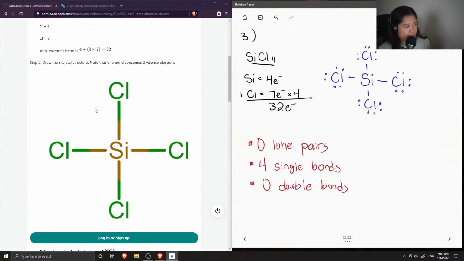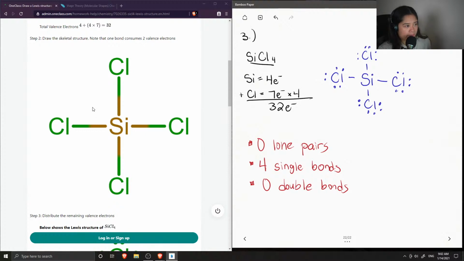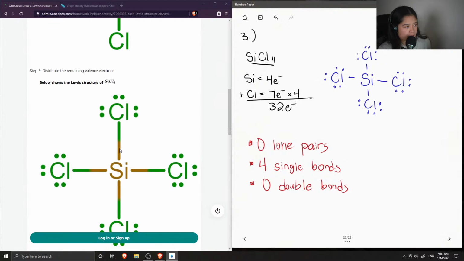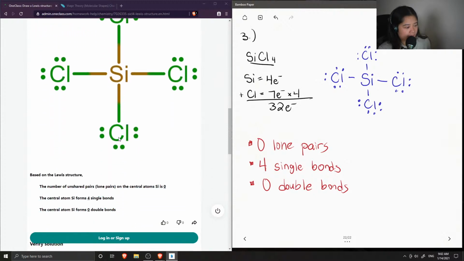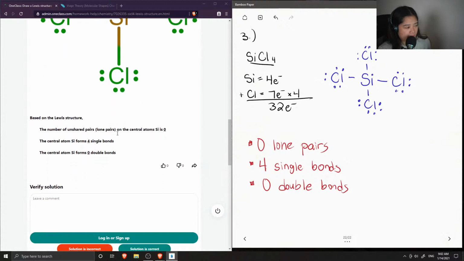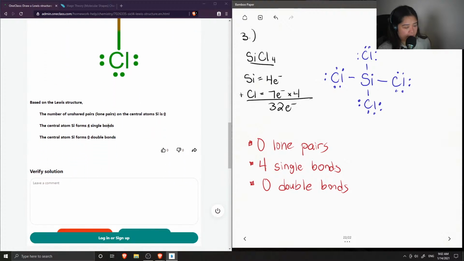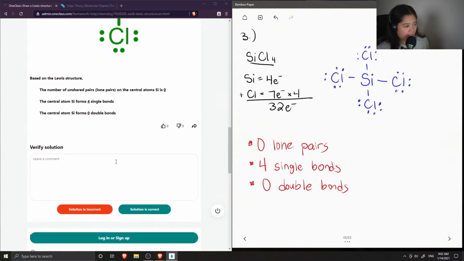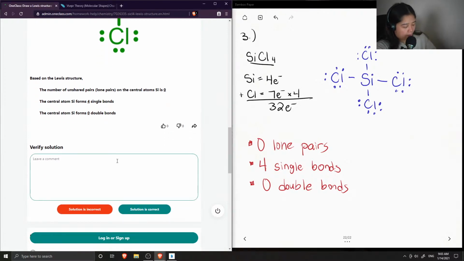Step 2 is to draw the skeletal structure. Note one bond contains 2 electrons. Step 3 is to distribute the remaining valence electrons. And lastly, they got 0 lone pairs, 4 single bonds, and 0 double bonds. Okay, so this solution is correct.